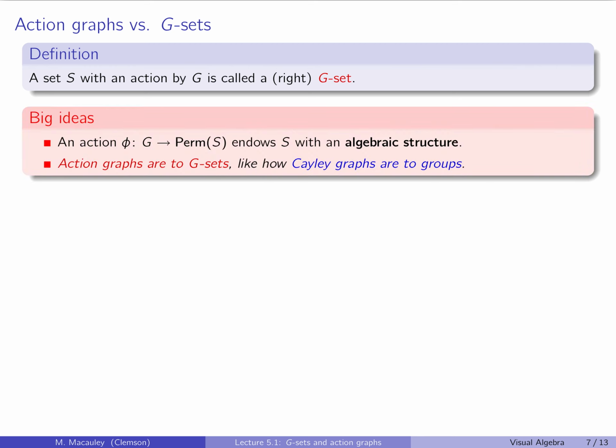Here's a big idea, and this is really important. An action, that is a homomorphism from G to the permutations of S, endows the set S with an algebraic structure, just like how a binary operation endows a set G, a group, with an algebraic structure. And action graphs are to G-sets like how Cayley graphs are to groups.